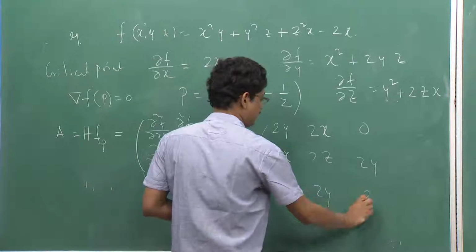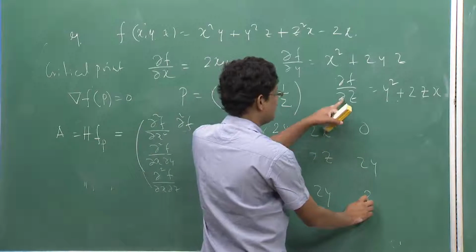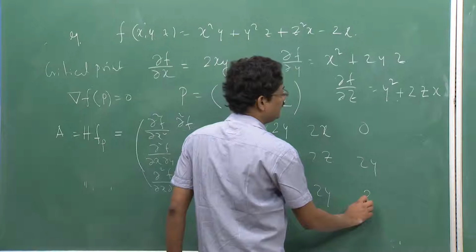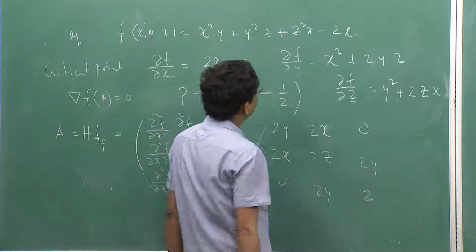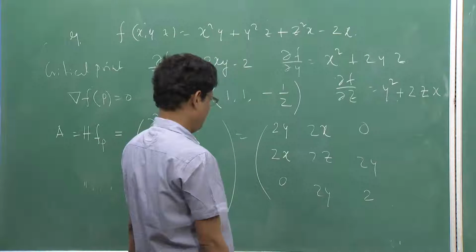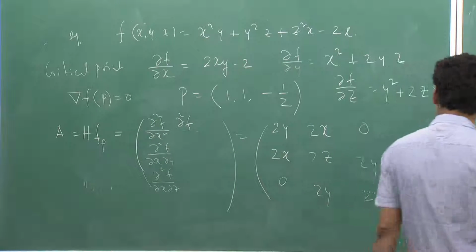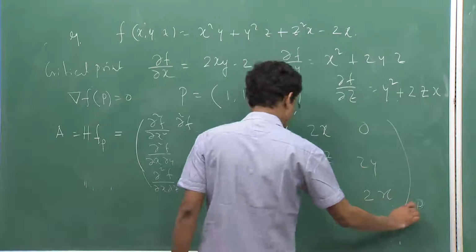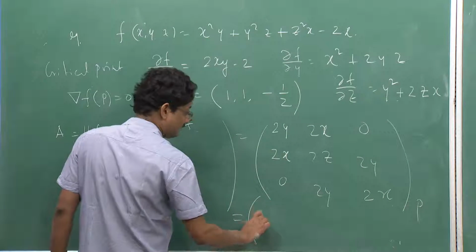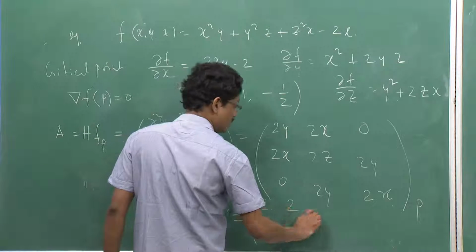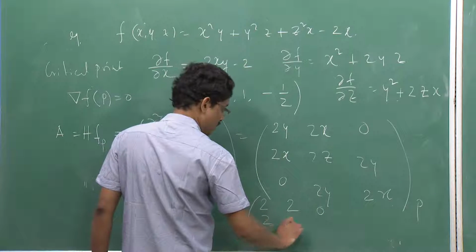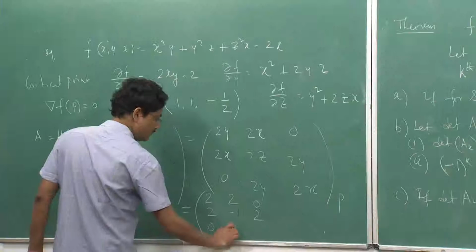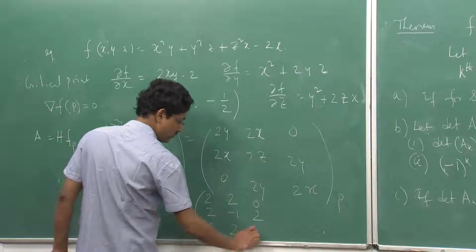So, 2y here, and del square f del z square is simply 2. Is that okay? That at the point p is the matrix with rows 2, 2, 0; 2, -1, 2; 0, 2, 2.